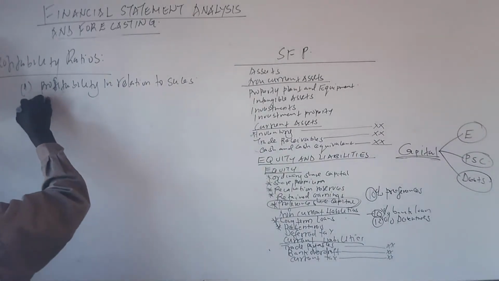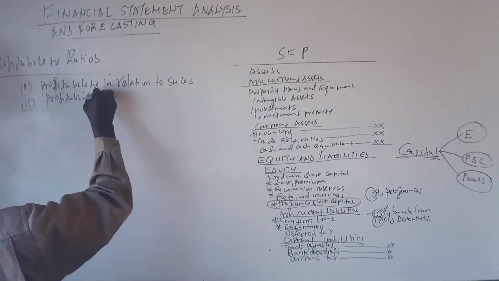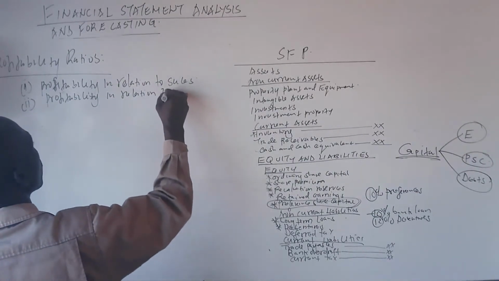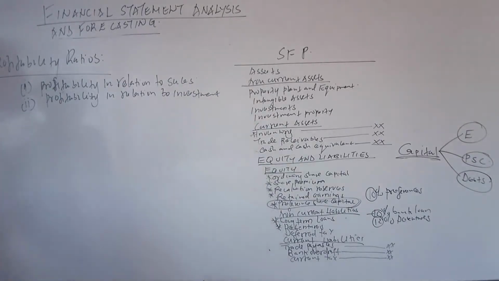And Roman 2, we have profitability in relation to investments. So we start with the first one, profitability in relation to sales.